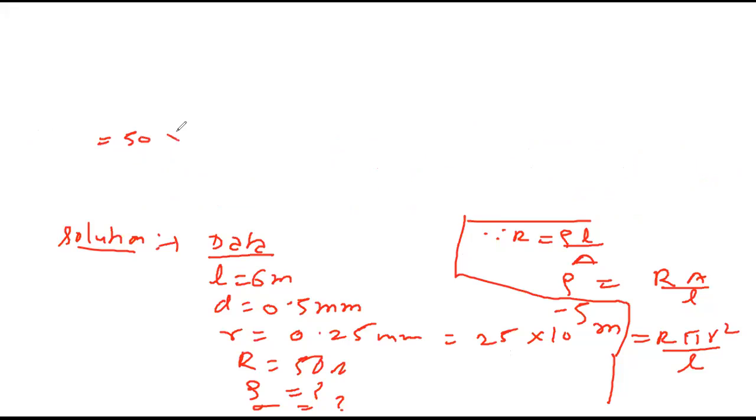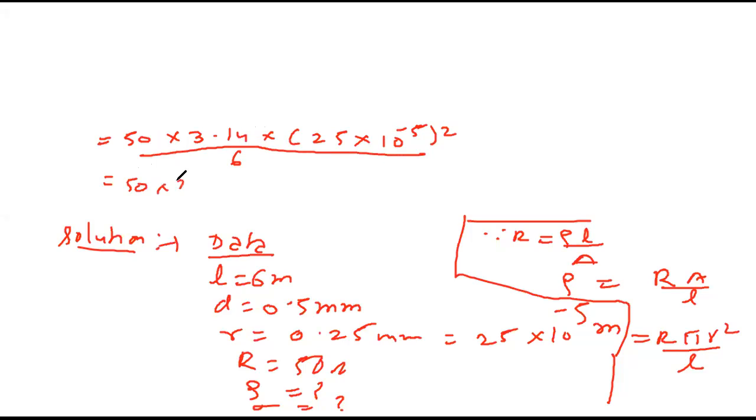Substituting R 50, 3.14, small r 25 into 10 raised to -5 squared, and length is 6 meter. So this is 50 into 3.14 into 625 into 10 raised to -10 upon 6. 2 3s are 6, 1.57.